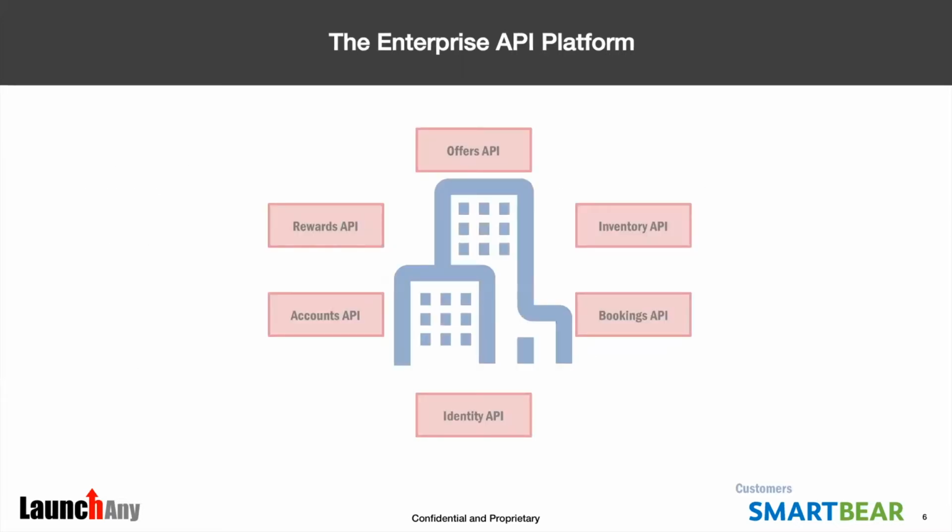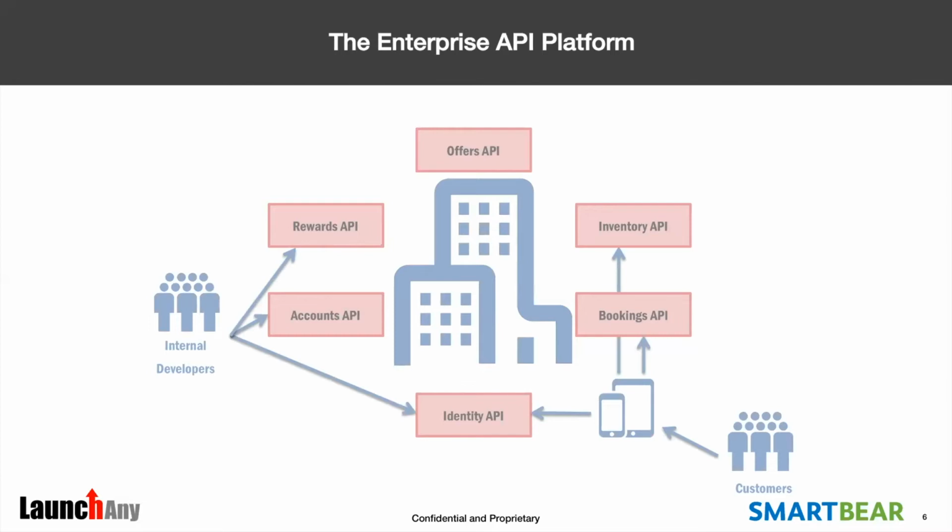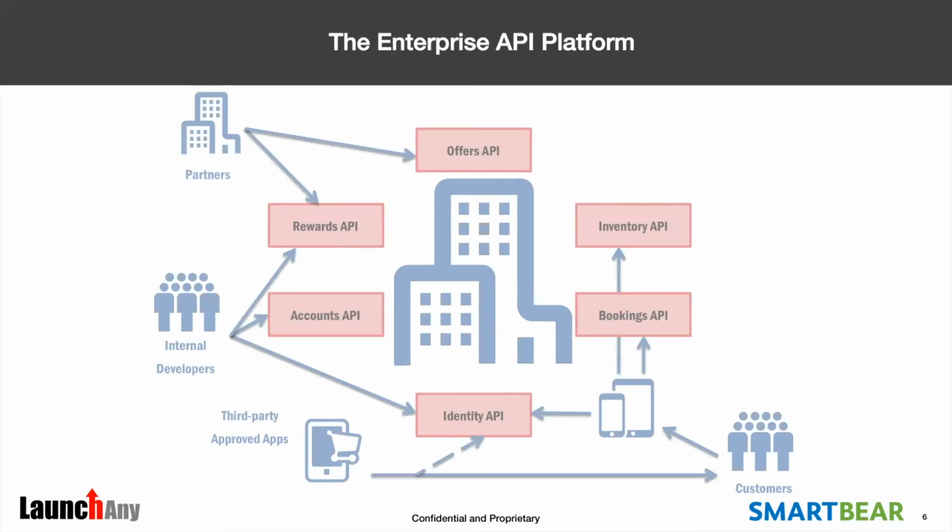Now, when we think about an enterprise API platform, it generally represents a variety of APIs themselves. These APIs span a variety of different capabilities, both business and technical, across the enterprise. They expand the ability for internal developers to tap into those capabilities, as well as customers through web and mobile apps, as well as other devices. Third-party approved apps and partners are also another channel by which APIs may be accessed for the enterprise.